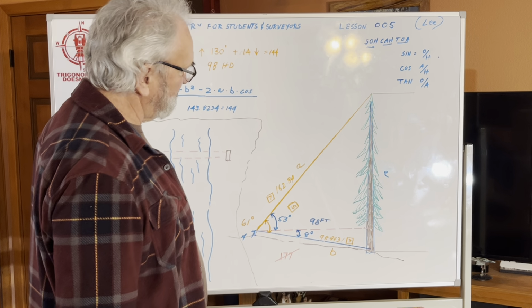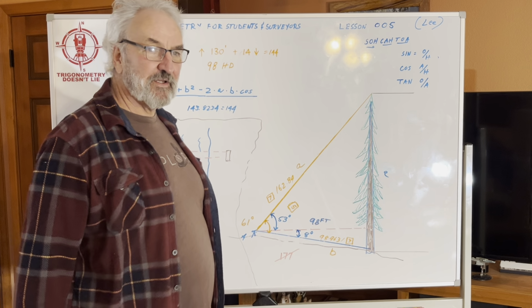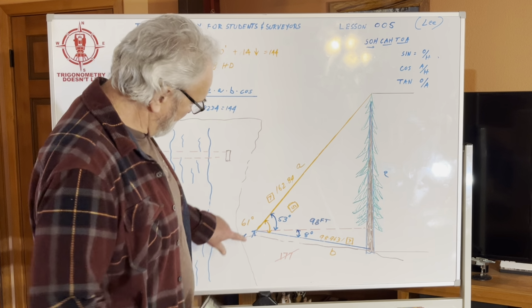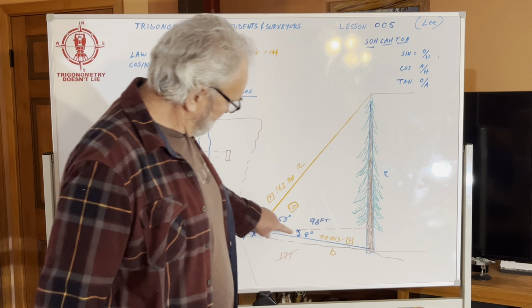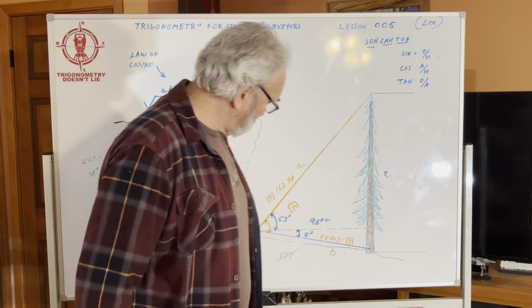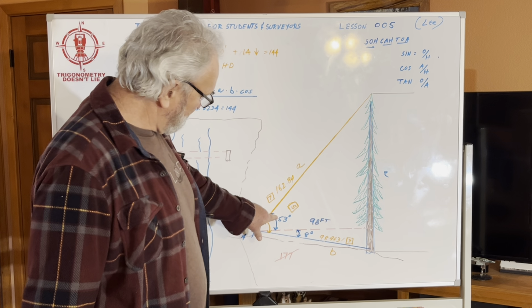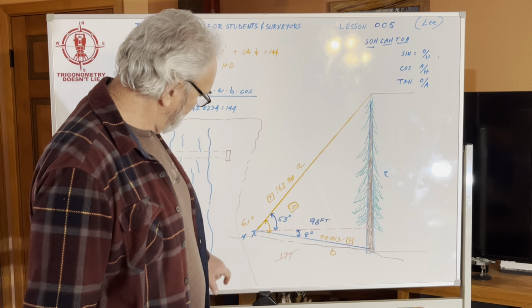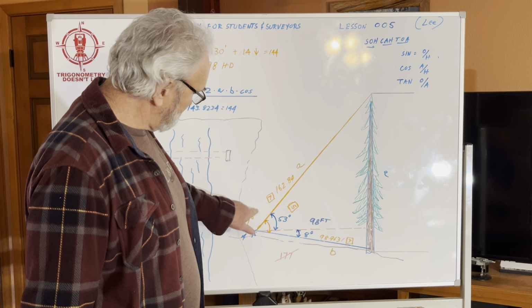So there's another way to check it. So I wanted to check my work. So what I'm seeing there is a non-right triangle. And now I want to calculate that. So what do I have? I have these two angles together make 61 degrees.